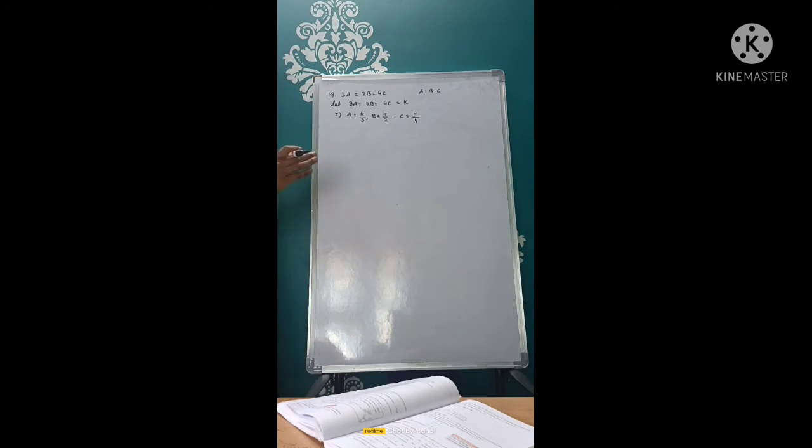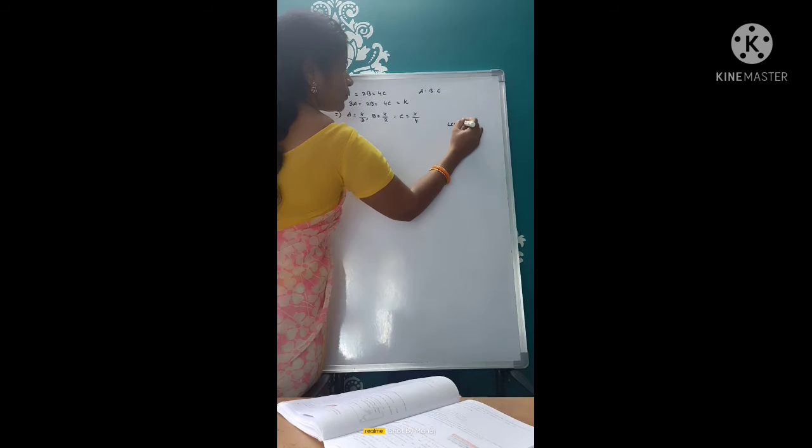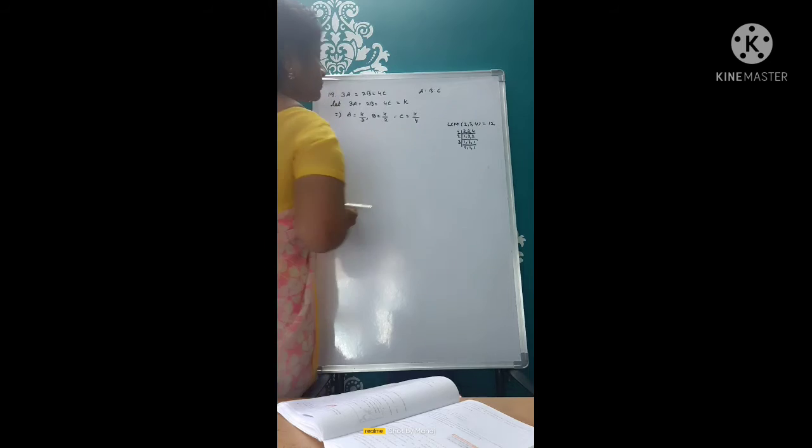So these all are unlike fractions. You just convert into like fractions. Okay, what is the LCM of 3, 2, 4? Find out the LCM. So LCM of 2, 3, 4 equals 12.